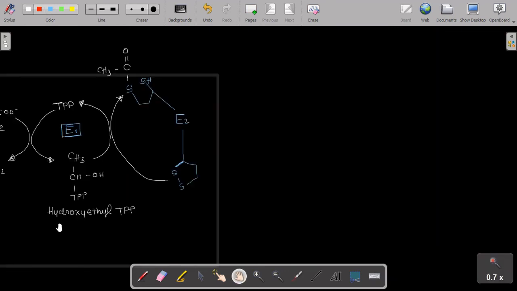Now this hydroxyethyl TPP combines with the disulfide bond of E2, and forms this complex and regenerates TPP again. Okay, E2 has the disulfide bond. This disulfide bond combines with this hydroxyethyl TPP and produces this complex and regenerates TPP.